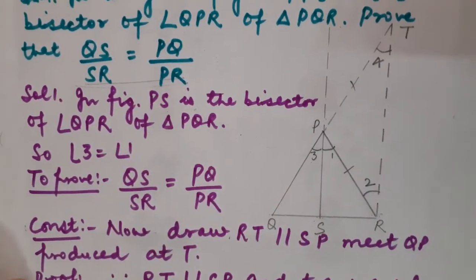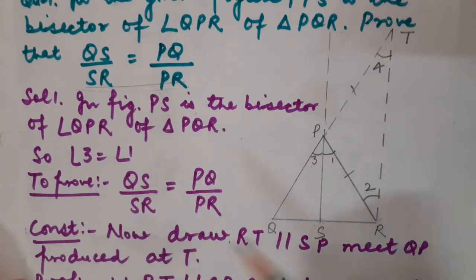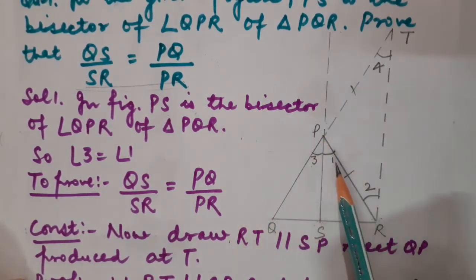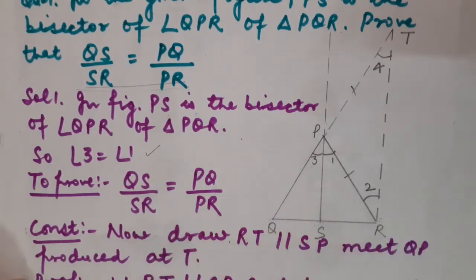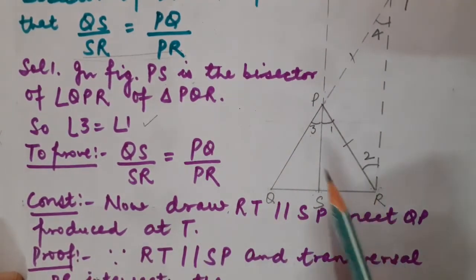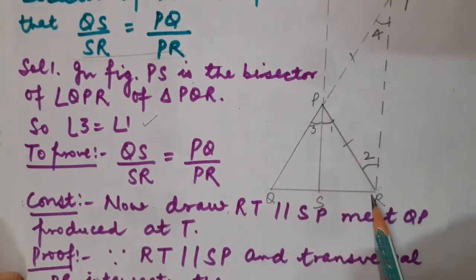Okay. So in the figure, PS is the angle bisector of angle QPR of triangle PQR. So we can say that angle 1 is equal to angle 3. This is given to us. Correct? What we have to prove? We have to prove that QS upon SR is equal to PQ upon PR. Fine.